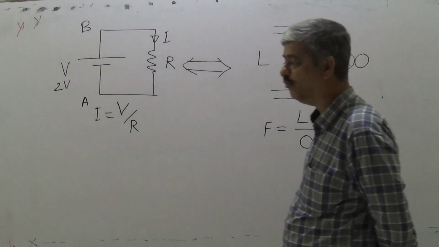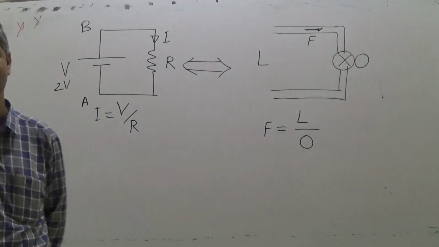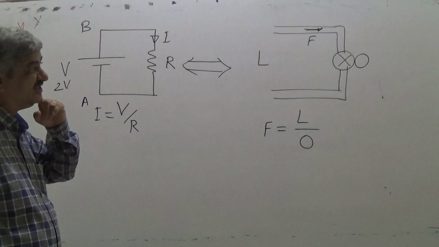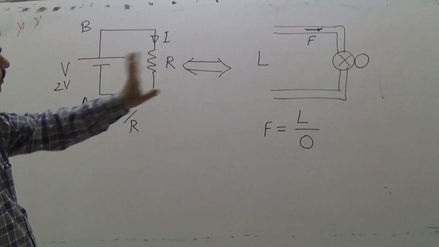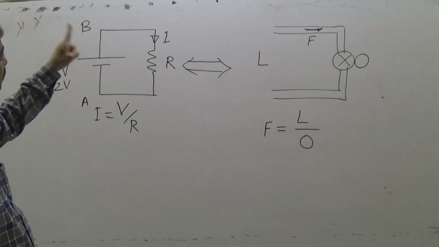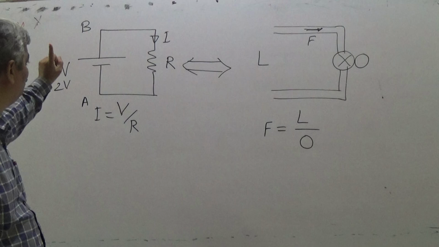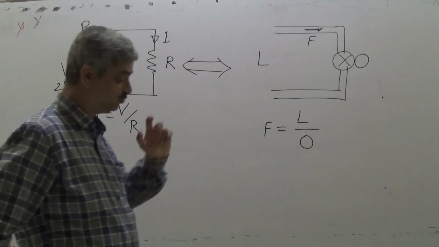Then how do we construct this? What is equivalent to a resistor? Valve. What is equivalent to connecting wires? Pipe. What is equivalent to an electric battery is something which is not so easy.